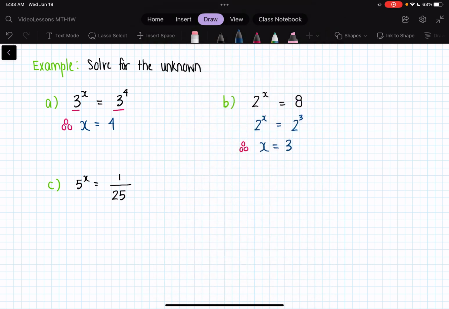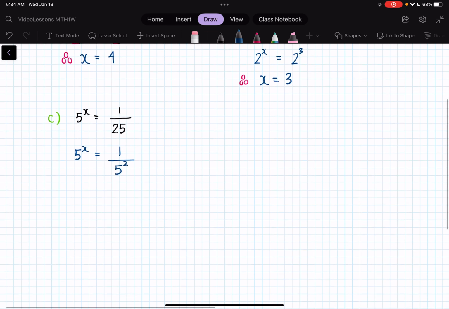So here again, my bases are not equal. There is no math or arithmetic that I can do. However, I can rewrite 1 over 25. I'm going to do this in 2 steps so you can see it, but if you can do it in 1, then that's fine. So I write 25 as base 5, except right now I have 1 over. I still don't have like bases.